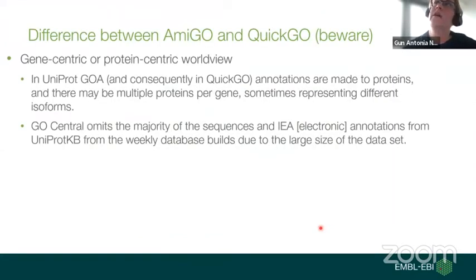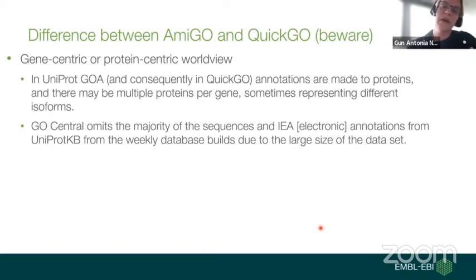And there's a difference in the data that's found in AmiGO and QuickGO, so be aware of this. AmiGO takes a gene-centric worldview, whereas QuickGO takes a protein-centric one. So in UniProt, we annotate to proteins, whereas in the Gene Ontology, they will show annotations to genes.